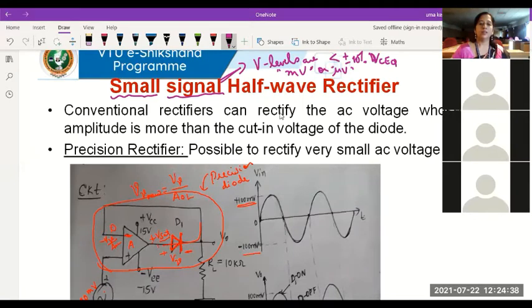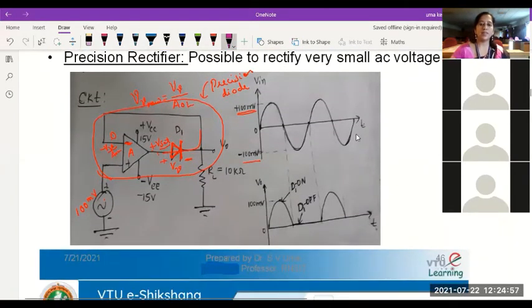As I was telling you, conventional rectifiers can rectify AC voltage whose amplitude is more than the cut-in voltage of the diode, whereas by using a precision rectifier, it's possible for us to rectify very small AC voltages. So let's see, it's the same circuit that I drew there.